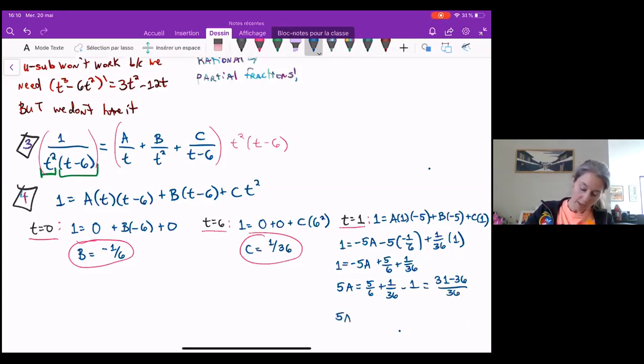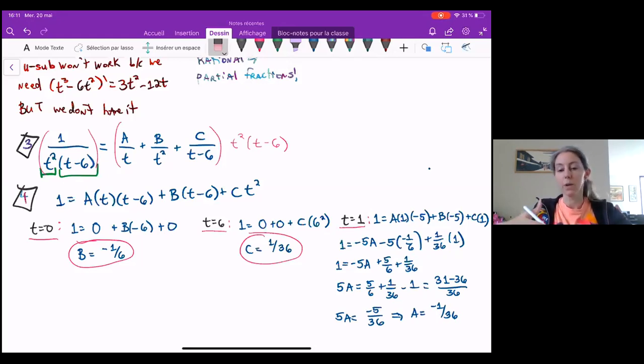So 5A is equal to -5/36, which tells me that A is equal to -1/36. Everyone understand the math that I just did there? First we plugged in a random t value, and then we plugged in the B and C that we had already solved for, which allowed us to then find A.